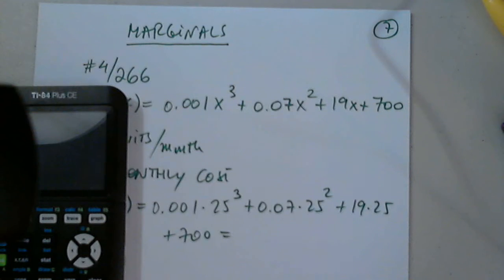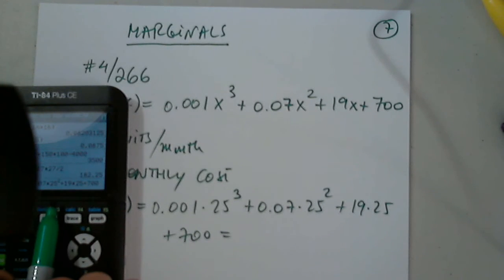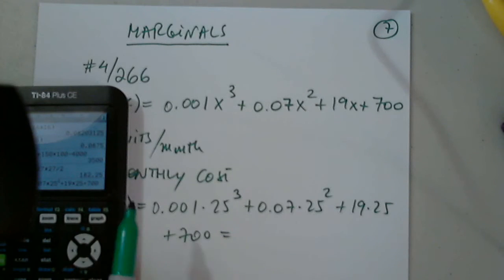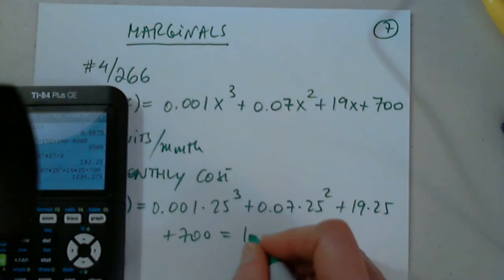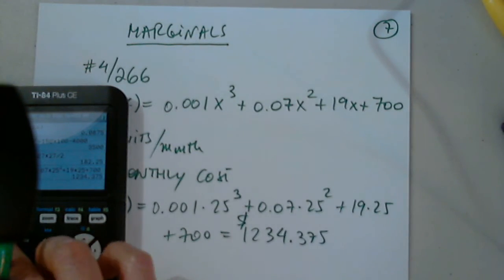Not a big deal. And I'm making sure I didn't make a mistake. I think I'm okay. Okay, 1234.375, and that's in dollars.